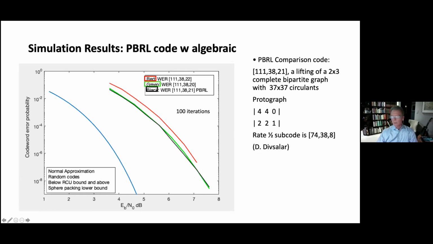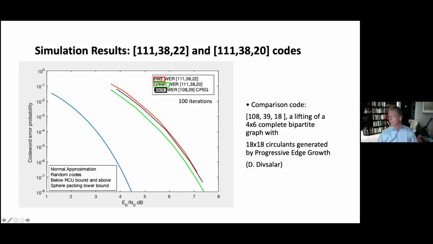Then he came along. Wait, can you tell us, the legend, I can't see the colors. Okay. So the red one is a 22 code, right? Just 2 less than the 24 of the best known code. The black code is. Oh, I guess I can see those colors. I'm just trying to figure out what the blue curve is.